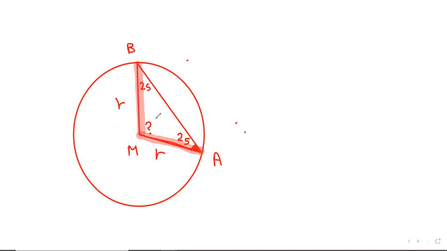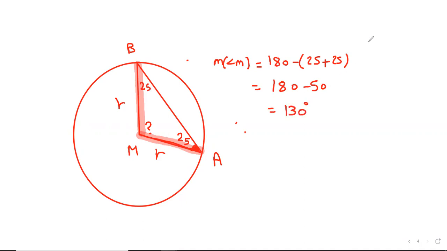Okay. So now we can find the size of angle M. The measure of angle M equals 180 minus (25 plus 25), which will be 180 minus 50. So the size of angle M is going to be 130 degrees.